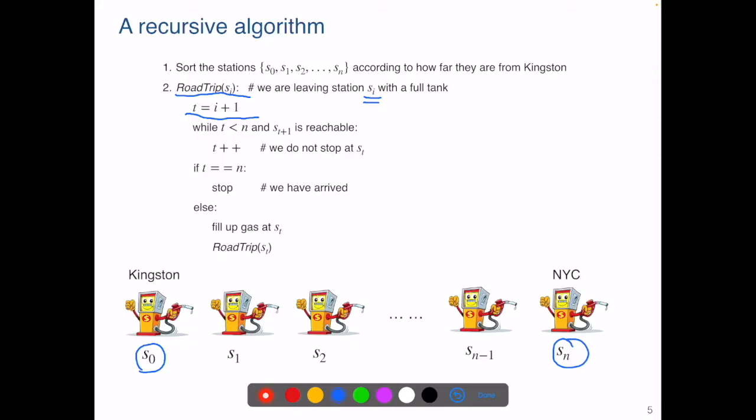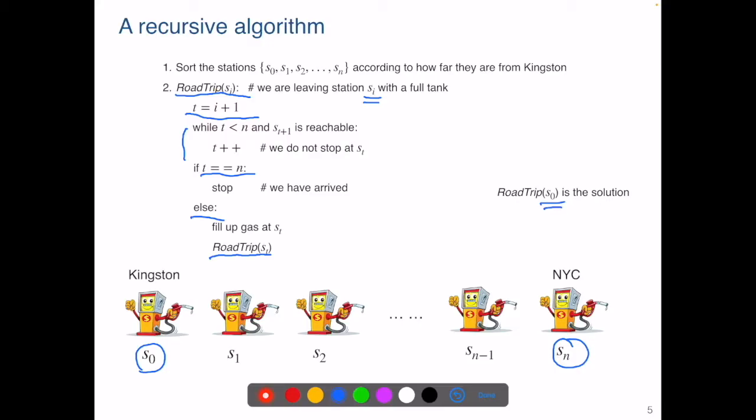This while loop breaks when t is n or when S_{t+1} is not reachable. If t equals n, we know we have arrived, else we have to stop at the station S_t and fill up the gas. Then we can restart and call RoadTrip(S_t). We find the solution of the original problem by calling RoadTrip(S_0).